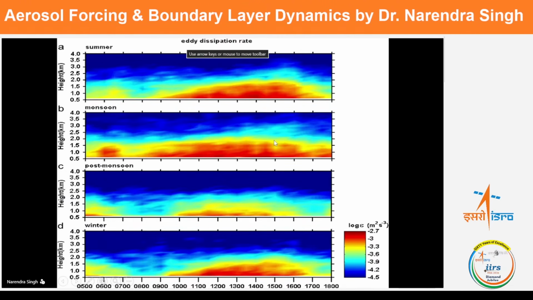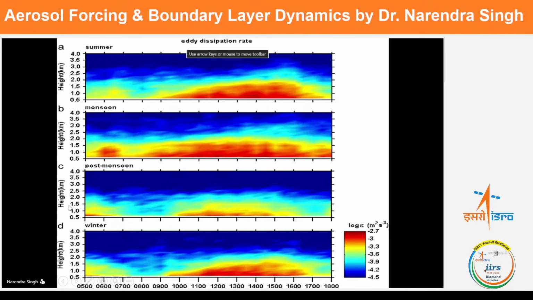Monsoon is again characterized by turbulence because we have convection as well as mechanically driven turbulence in the atmosphere, strong winds, clouds, all these. So most of the time the monsoon season is more turbulent, and the boundary layer is as high as around 1.5 or 1.6 kilometer in the vertical.